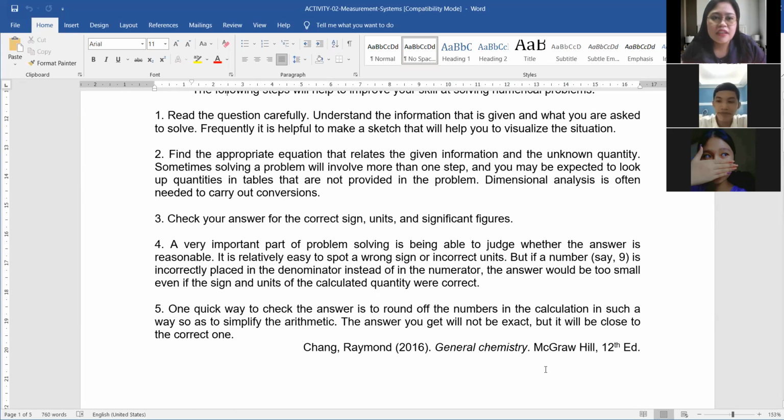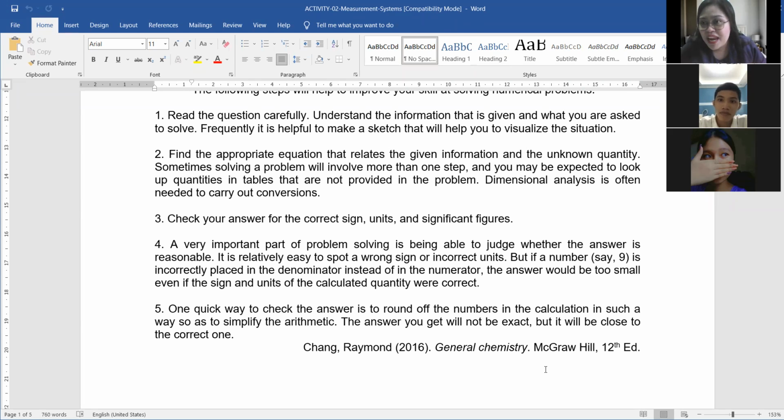Next, after understanding the problem itself, find the appropriate equation that relates the given information and the unknown quantity. That is why during your elementary days and even in your high school days, when you say mathematics, the teacher will always tell you to list the given first before you start solving.